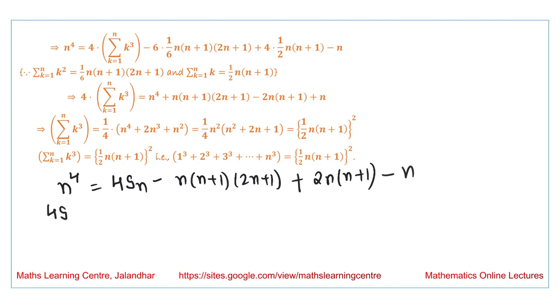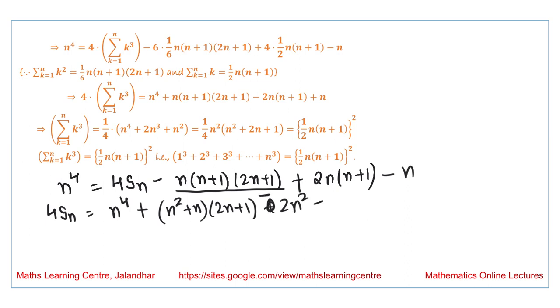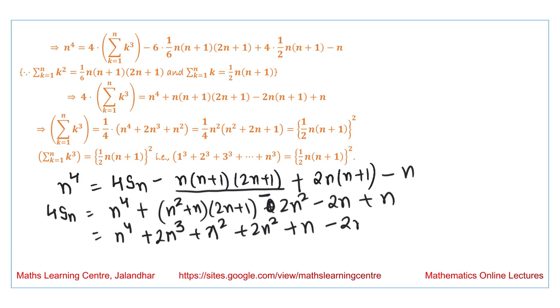So we are writing 4Sn is equal to n raised to the power 4 plus, if we multiply these three terms, we obtain n square plus n into 2n plus 1, and this term will become minus 2n square minus 2n plus n. This is equal to n raised to the power 4 plus 2n cube plus n square plus 2n square plus n minus 2n square minus 2n plus n.